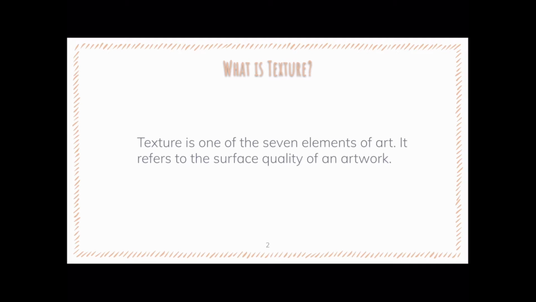So texture is one of the 7 elements of art. If you're not familiar with the elements of art, it's one of 7 different things that we use in art, and the other ones, for example, are space and shape, line, color, value, form, I think is the other one I didn't say, and then of course texture.